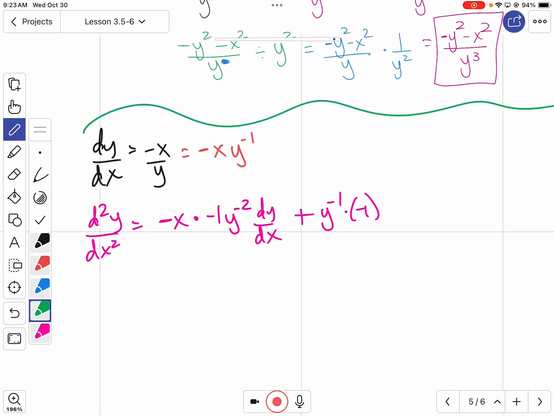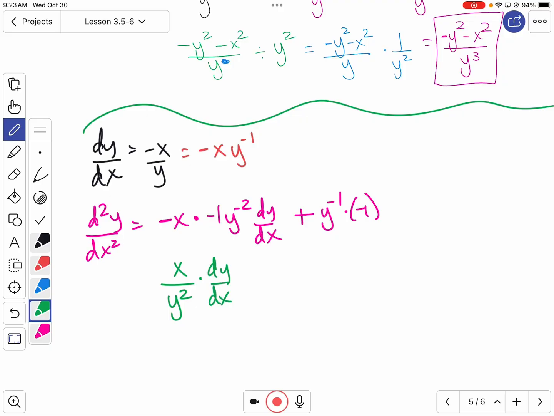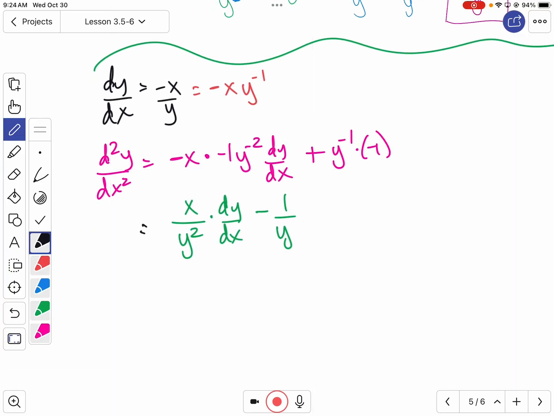That's going to give me a positive x over y squared dy/dx minus 1 over y. Algebraically we would substitute in the dy/dx.